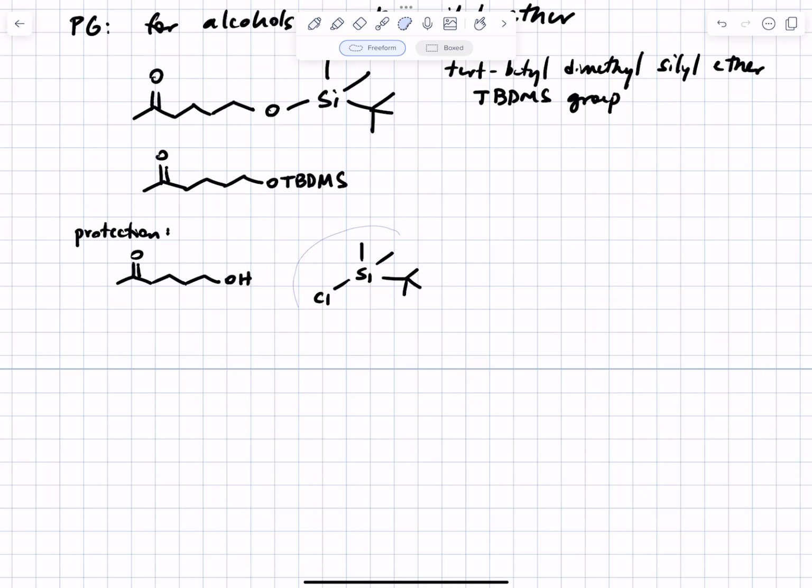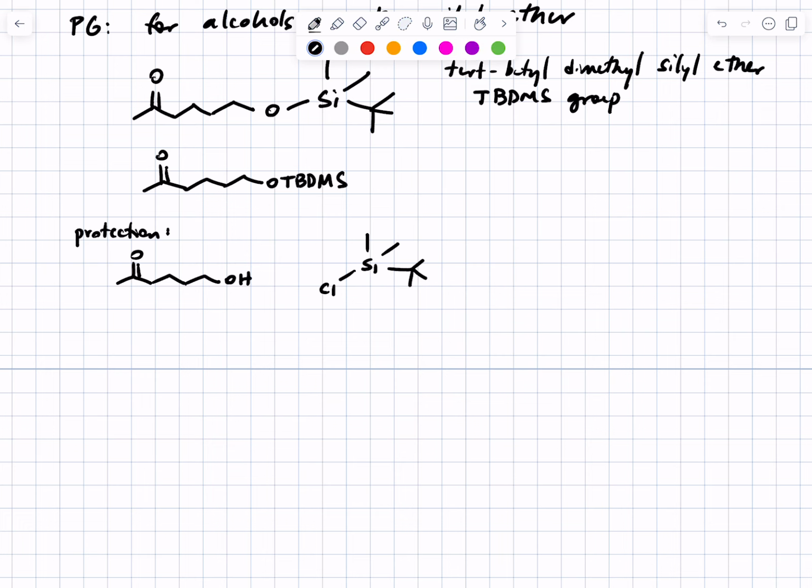And we won't worry about the mechanism of this reaction. Silicon being larger than carbon, the rules for substitution reactions on silicon are different than they are for carbon. Essentially, though, it's a substitution reaction.